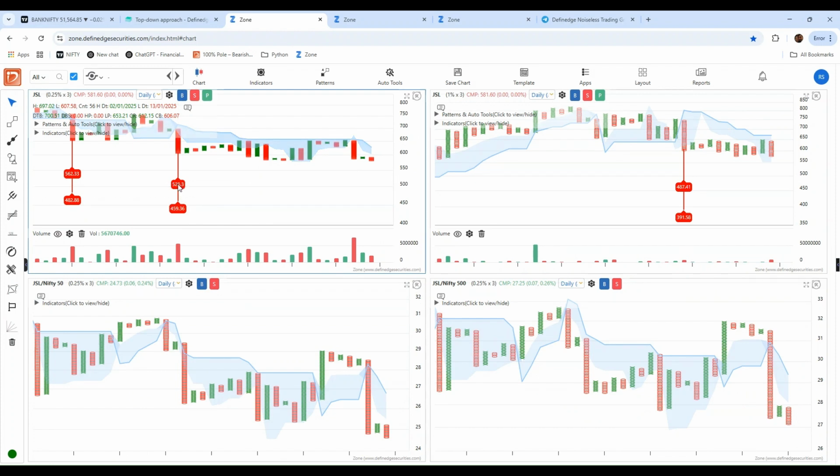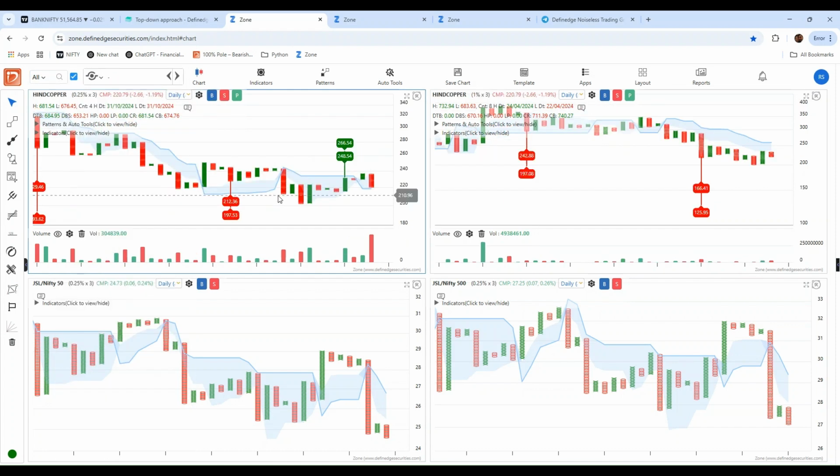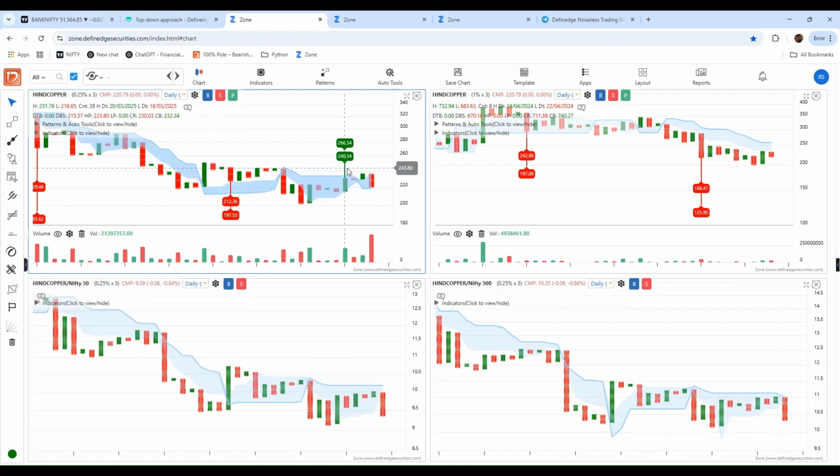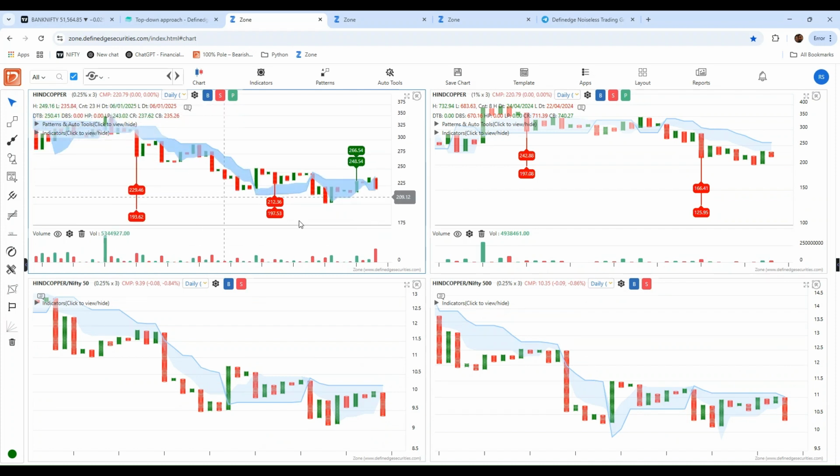JSL's looking at open at 528 and 459, and on 1% as well, it's given me this open vertical count of 487 and 391. Right, Hind Copper quickly. Hind Copper price action is still there. So I think on 0.25, it's the double bottom sell 215, below 215 it closes. I'm not really looking at Hind Copper.